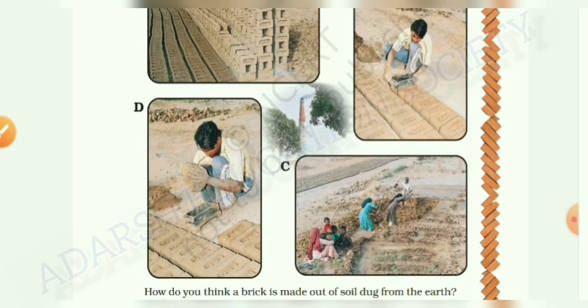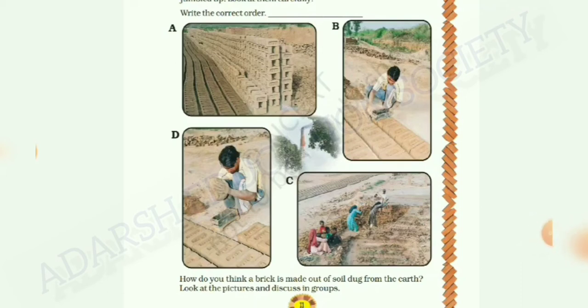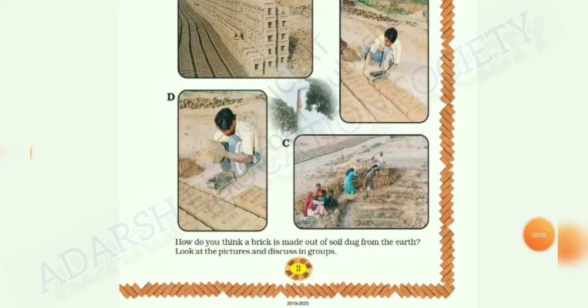Look at this picture carefully. First, A. Observe it. These bricks are made and dried. Okay. And look at picture B. These men arrange the bricks and mold out the bricks.